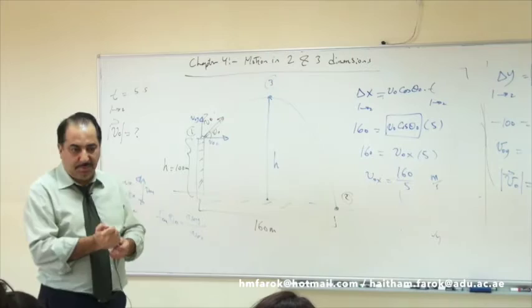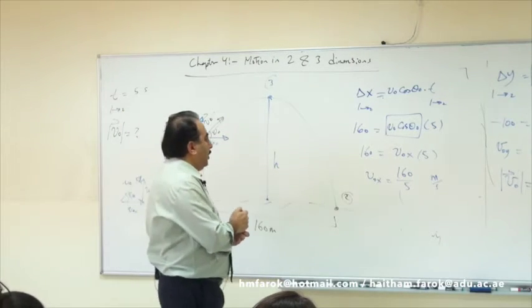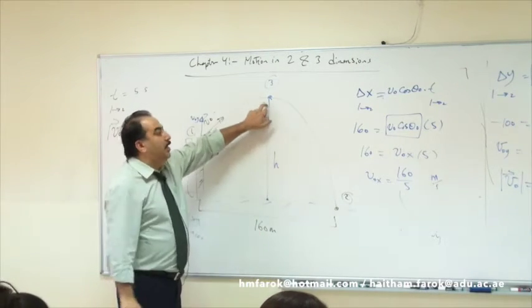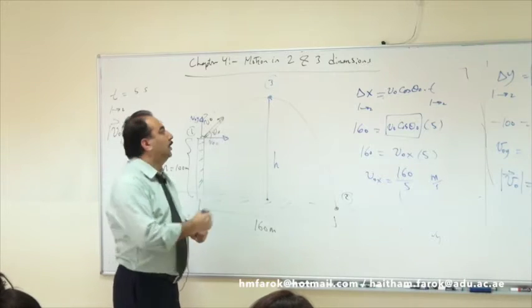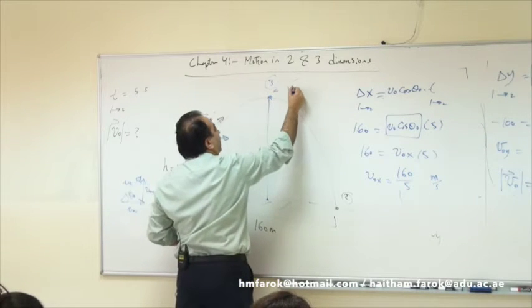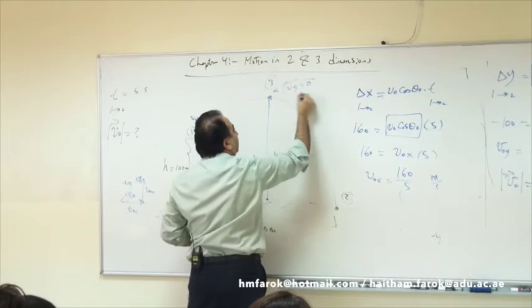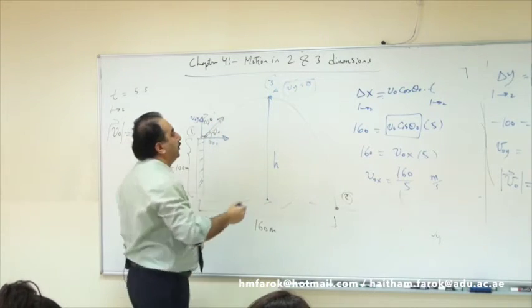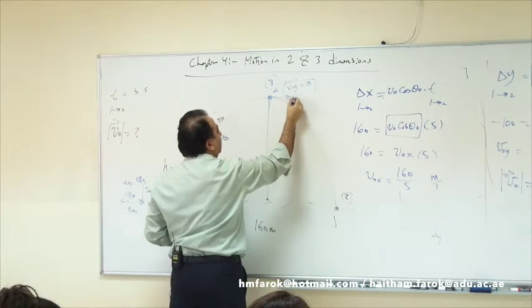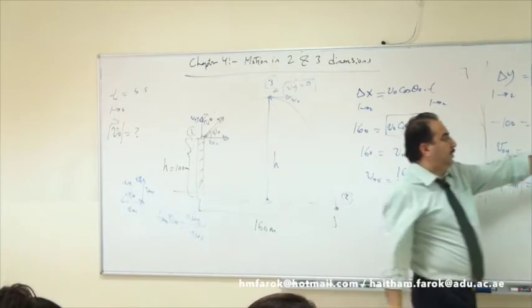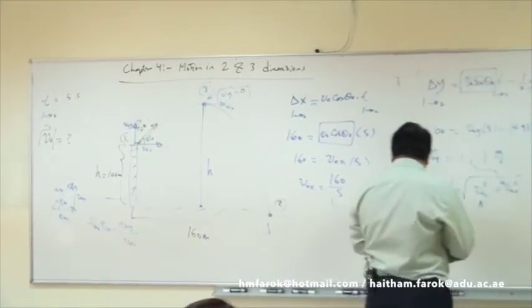Okay, now, what do I know at 3? Vy here at 3 is 0. But Vx is the same as this one. It doesn't change.